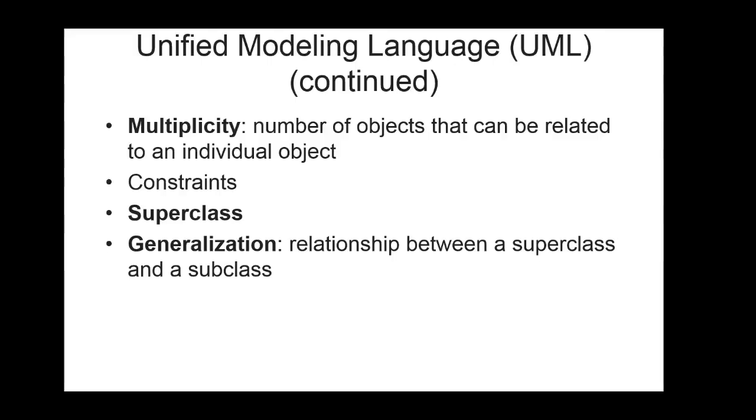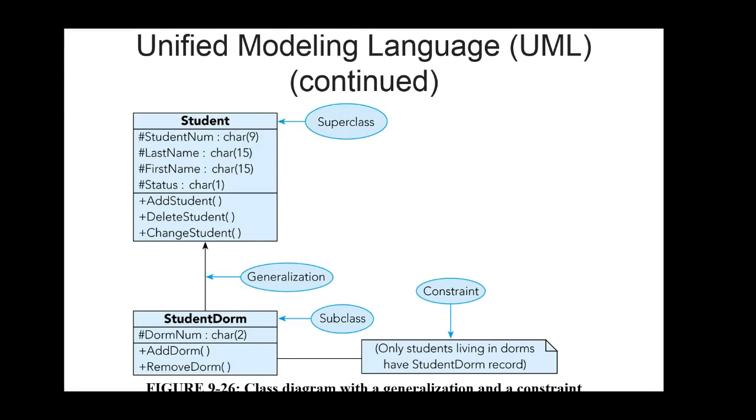In UML, the entity subtypes are called subclasses. Also, when one class is a subclass of a second class, we can call the second class a superclass of the first class. The relationship between a superclass and subclass is also called generalization. This example represents the relationship between students and student dorm. So in this example, you have a class diagram with a generalization as well as a constraint.